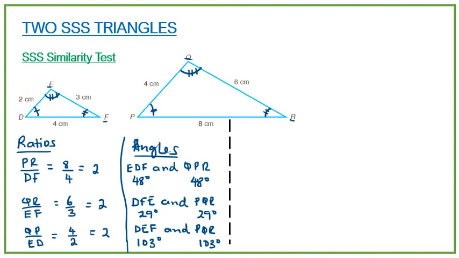Okay? Since the ratios of corresponding sides are equal and also the corresponding angles are equal, it means that the two triangles are similar.